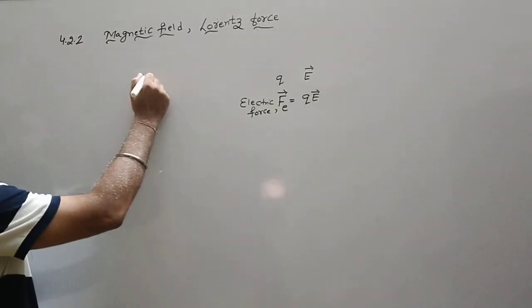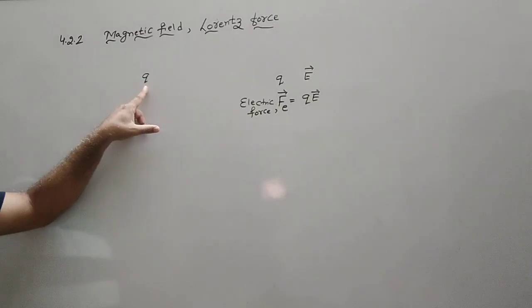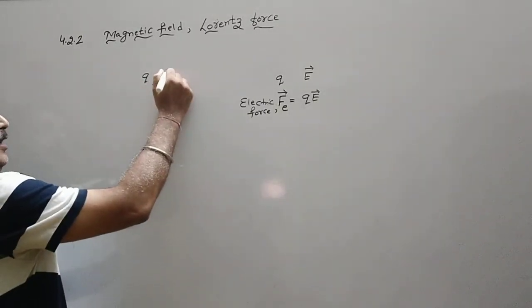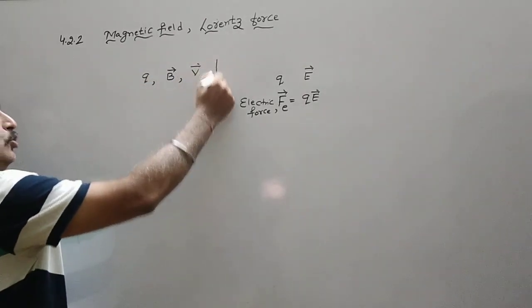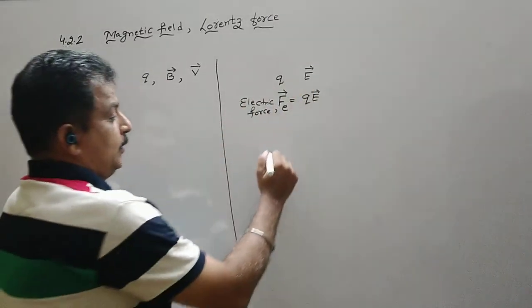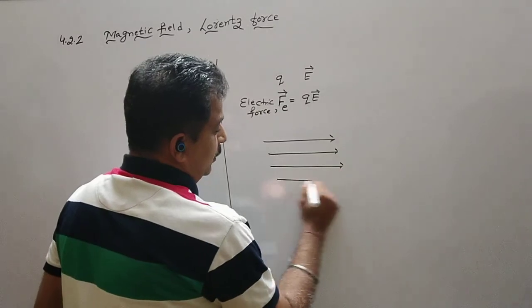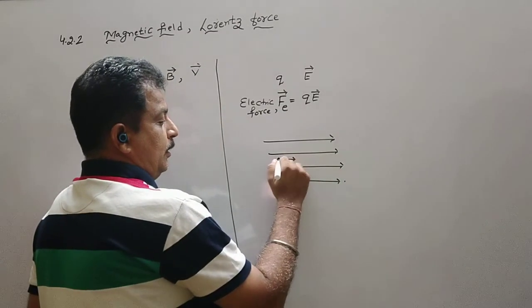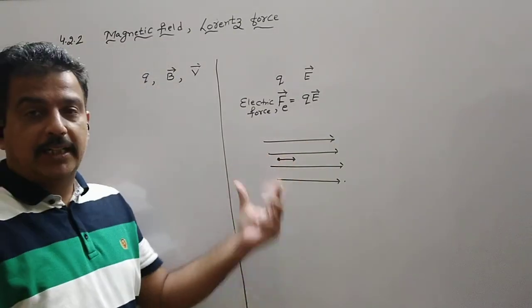Suppose the charged particle, having a charge Q, that is a point charge, enters in the magnetic field moving with the velocity v vector. So the situation there was that an electric field was present and the charged particle was kept inside the electric field.